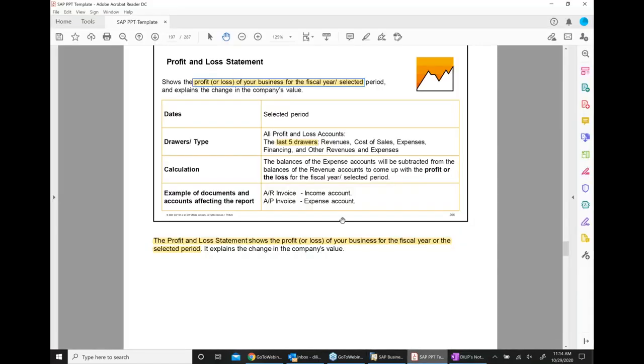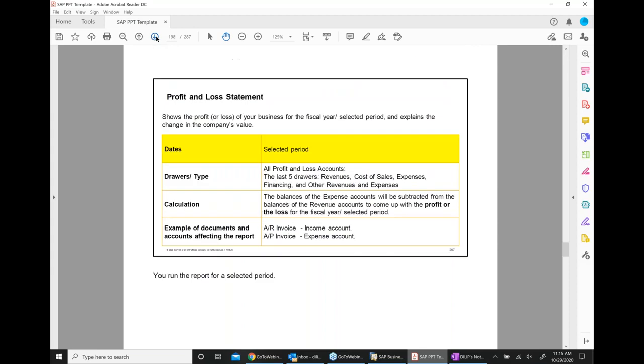And that is what we see here. We can select different dots. So what does profit and loss do? The profit and loss statement shows the profit or loss of your company for the fiscal year or for the selected period. So whatever period we choose for that, it gives us profit and loss. We can put a selection date.